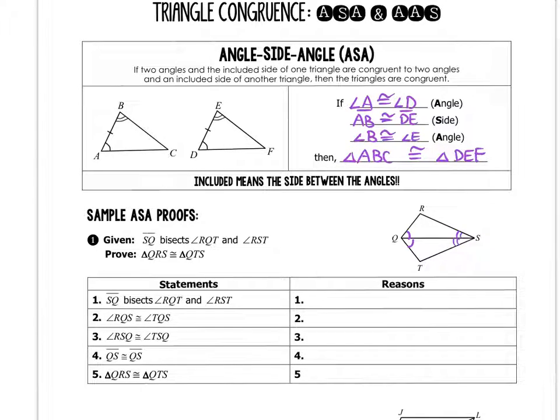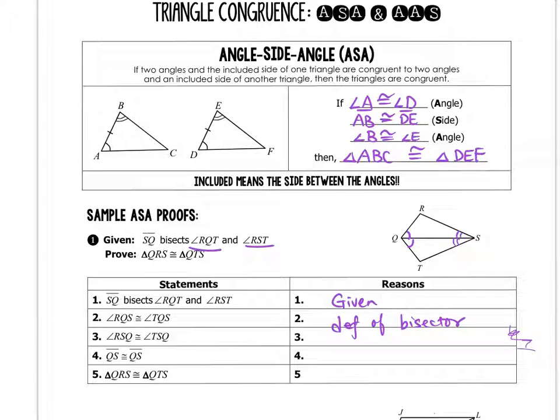The first one is always given, and then from the first one we can draw the conclusion that RQS, which is the one on the left, and TQS are congruent by definition of bisector, which is the statement here.